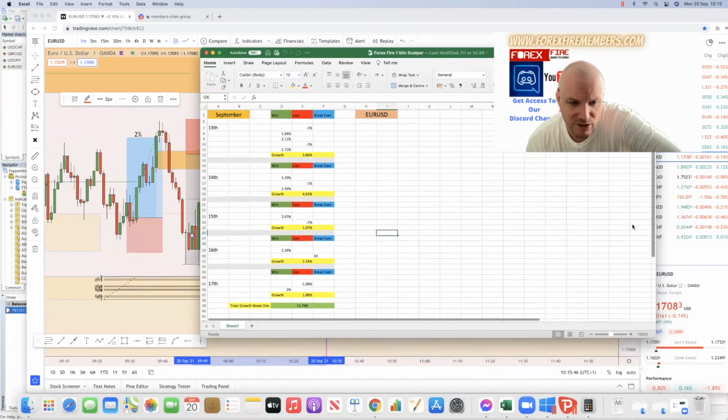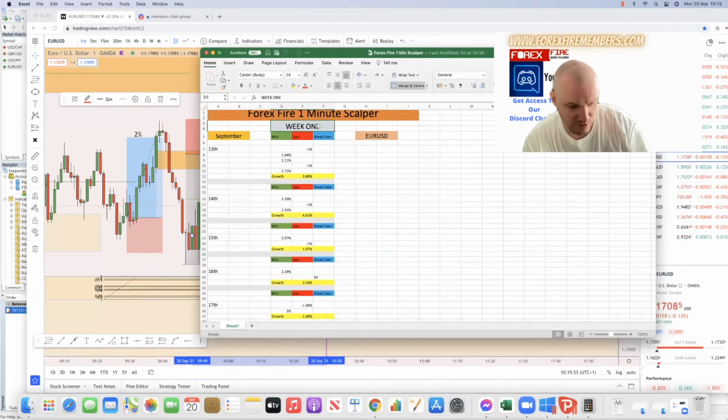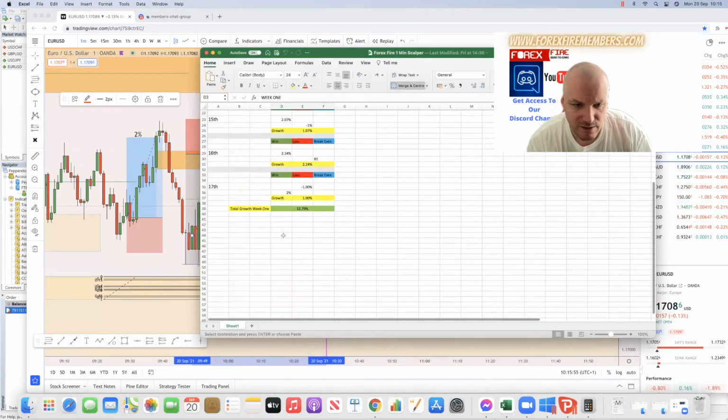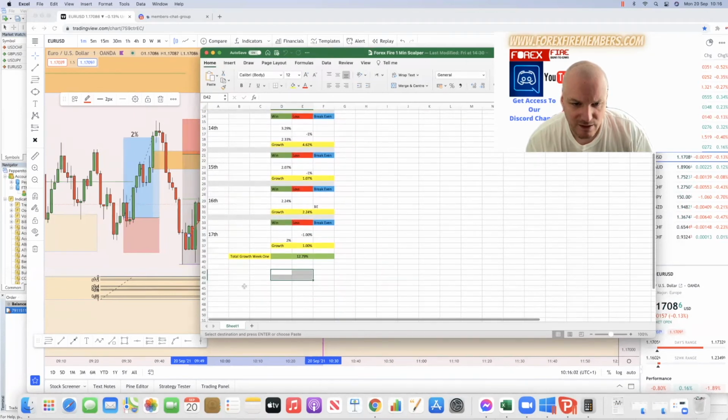Let's have a look. We'll copy that. We're going to merge and center.